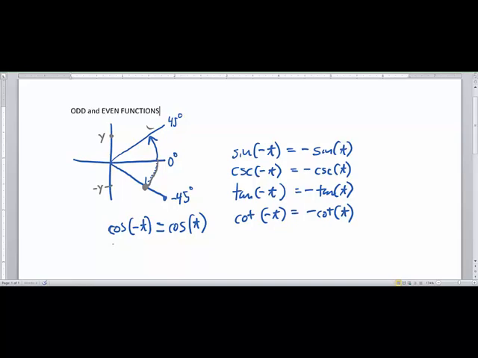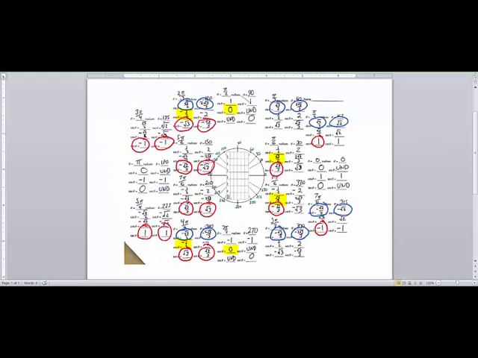What's your hypothesis about the secant? What about secant of negative t? Maybe you want to pause the video and look back at that chart yourself. Well, if you haven't done that and you just want the answer, let's take a look at the green sections here. You go negative 30 degrees, 2 square root of 3 over 3. Positive 30 degrees, exactly the same. 90 and negative 90 are the same.